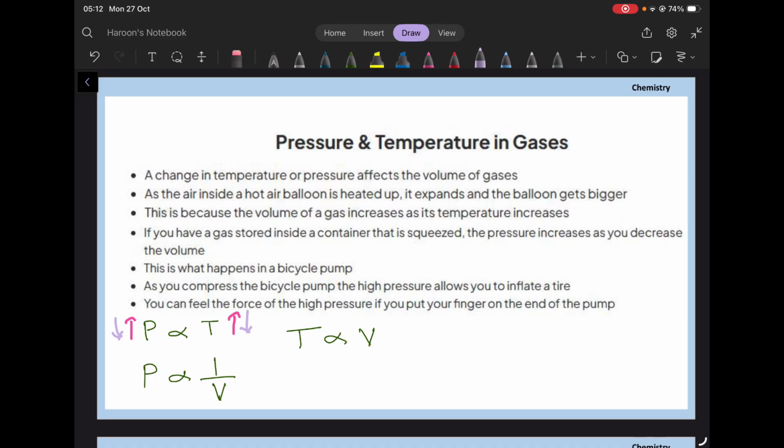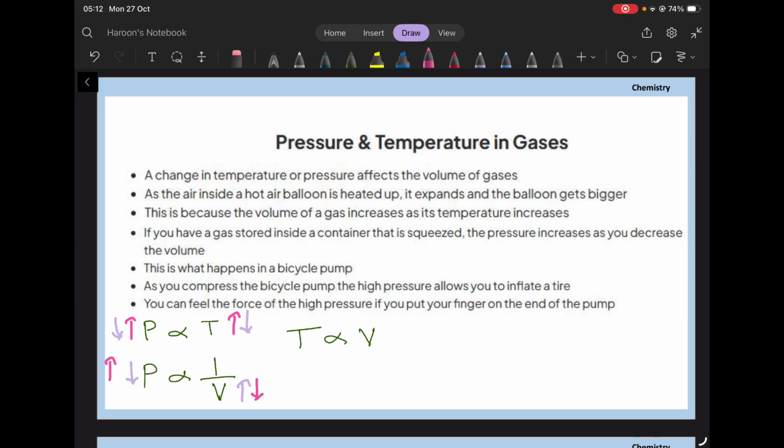So whatever happens to one of these values, the same thing would happen to the other as well. This is the meaning of direct relationship. Now pressure and volume, when one thing is in the numerator, the other in the denominator, that gives us an inverse relationship. An increase in one causes a decrease in the other, and vice versa. So if the volume increases, that would cause a decrease in pressure. Opposite. Now if the volume decreases, that would cause an increase in pressure.